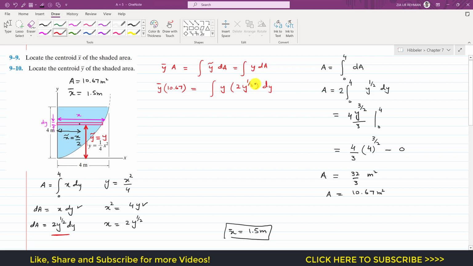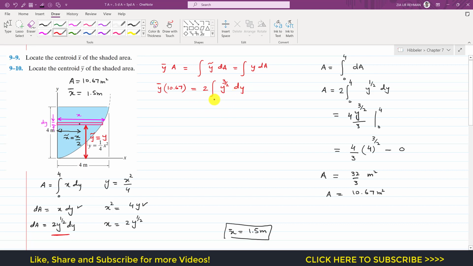So this is dA. So we can write this 2 outside of the integration, and y to the power 1 into y to the power 1 divided by 2. So this will be 1 plus 1 divided by 2, so this is 3 divided by 2. So y to the power 3 divided by 2 dy.